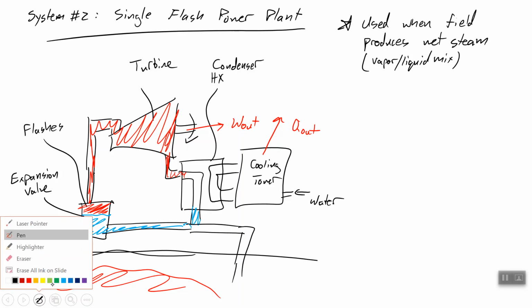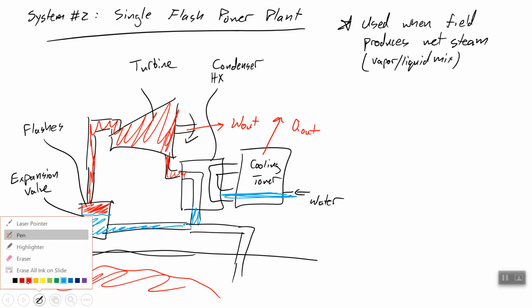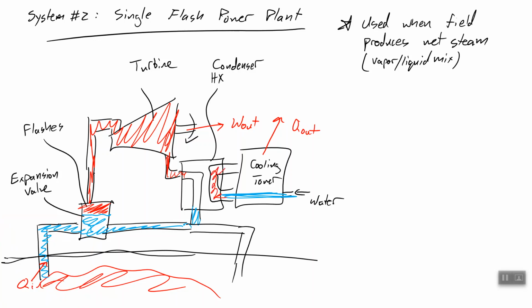Okay, and the cooling tower starts off with moderately cold fluid, which we then turn into steam, and that evaporates off. Okay, so that is how a single flash power plant works. The main difference is our field is producing wet steam, so we can't just put it straight into a turbine, which must have only vapor.